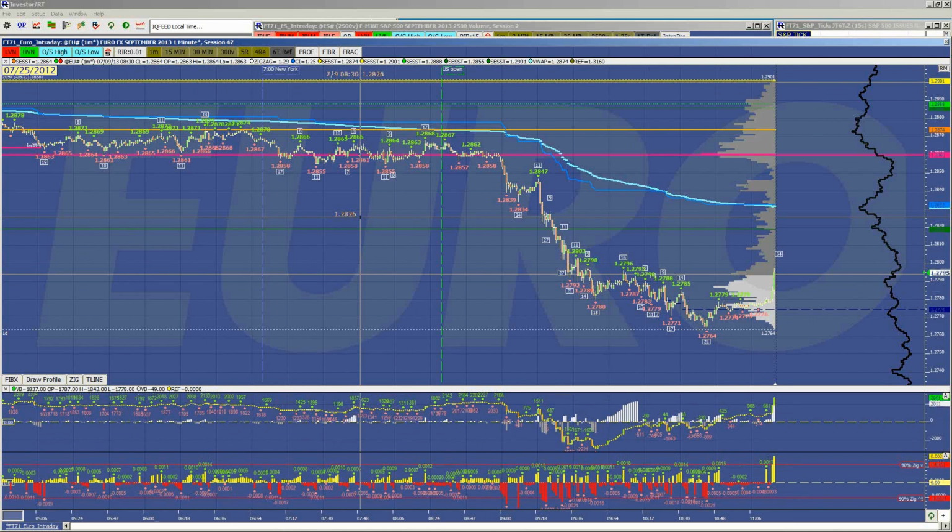Okay. So the last question is easiest, so I'll do that one first. I use the 6E contract because it has the volume, it has the participants, it's liquid, it just trades like a normal product. So this chart you're looking at here is a Euro FX product, and the symbol for it is 6E as in Edward.